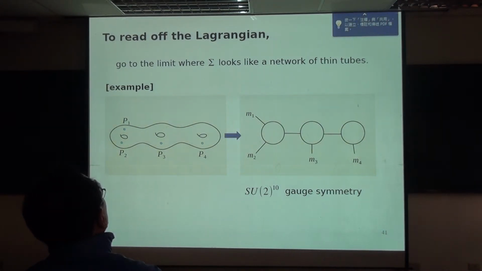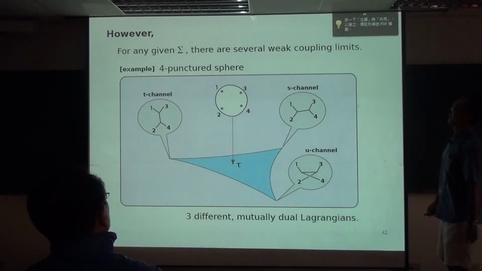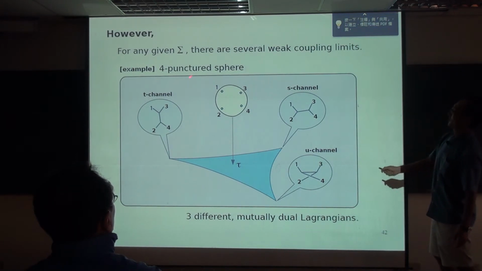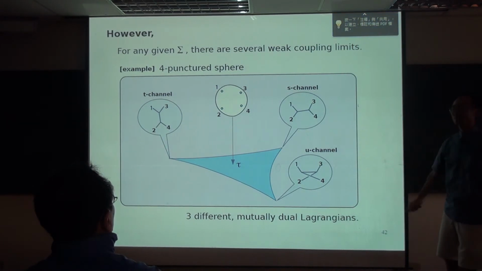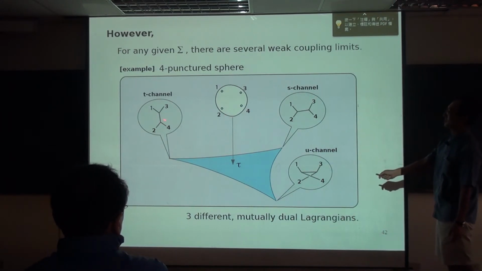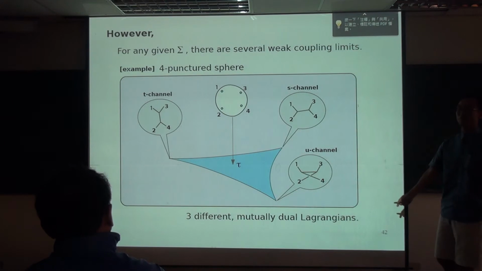But maybe you may ask, the way to reduce from a smooth Riemann surface to this diagram-like object is not unique. Indeed, this is a very interesting fact. For example, let's consider the sphere with 4 punctures. Then you can easily think of the 3 degeneration limits: S channel, T channel, and U channel.